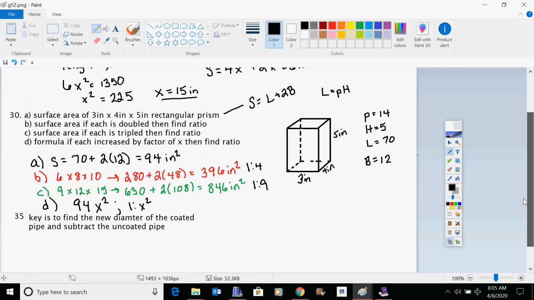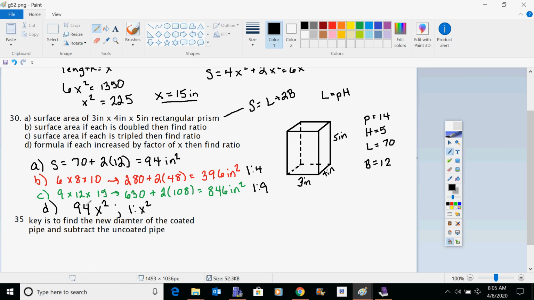I don't know where your problem was. Maybe it was just in the setup. Like I say, I'm doing this quickly in the interest of being able to get over all the questions. This question was multifaceted. The most important part is being able to do part A. Surface area equals lateral surface area plus 2 times the base.